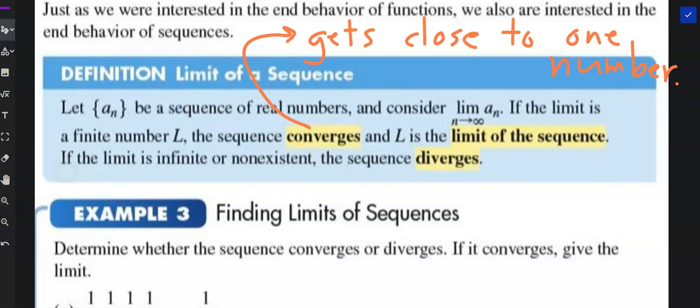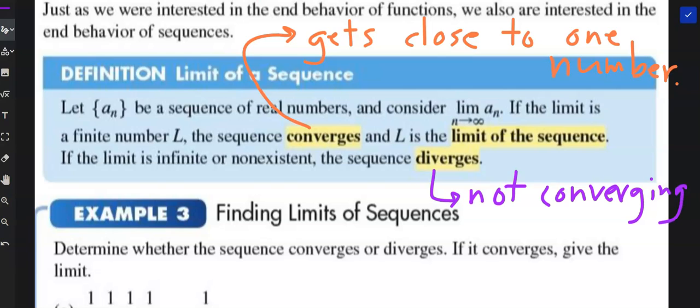Although some people think that diverge is just the motivation to jump into a swimming pool, it actually means not converging. So converge means we get close to a number. Diverge means we do not get close to a single number.